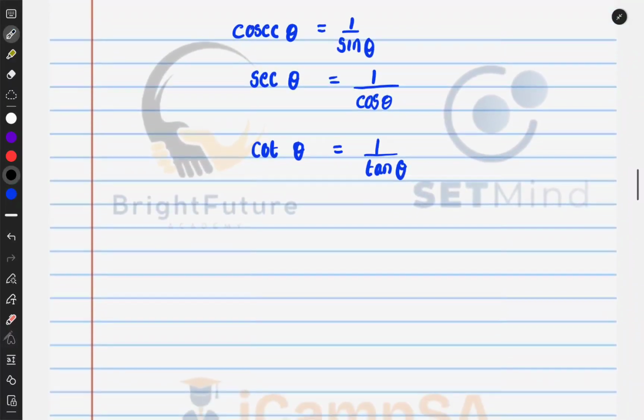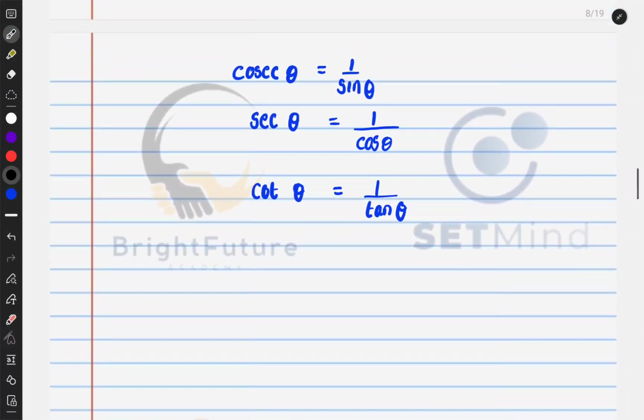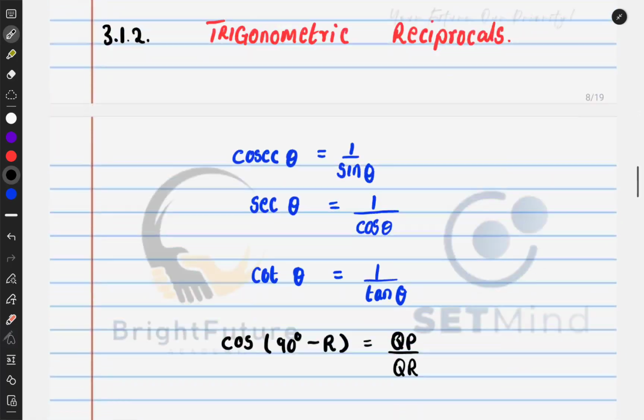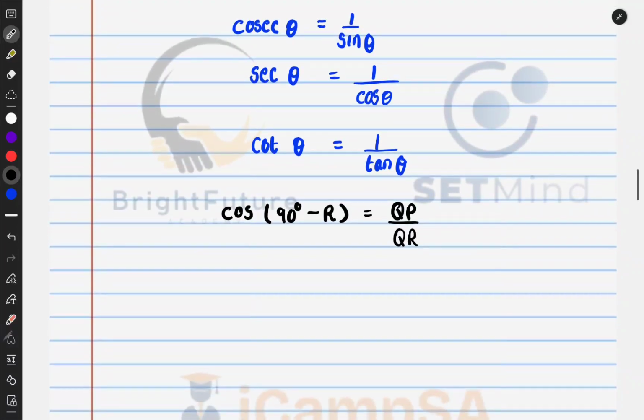So we can start by writing the cosine trigonometric ratio, which is cos of 90 degrees minus R, equal to QP, the adjacent side, over QR. But now we are looking for QR over QP. Therefore, the reciprocal of cos is sec.